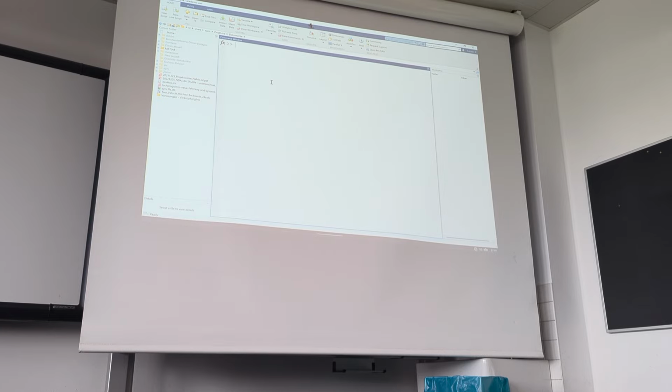Okay, so let's start with the transfer function itself. So let's define our capital G of P being equal to TF. So TF is the command that you can use for the definition of the transfer function.